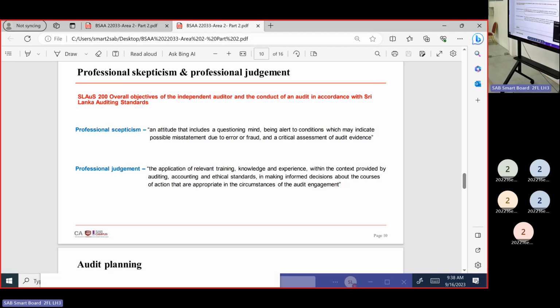As an auditor, you should have a proper understanding of the process. You have to question here and there, and then take a decision. Using that question in mind through the audit process, we can follow skepticism. It should be very professional.